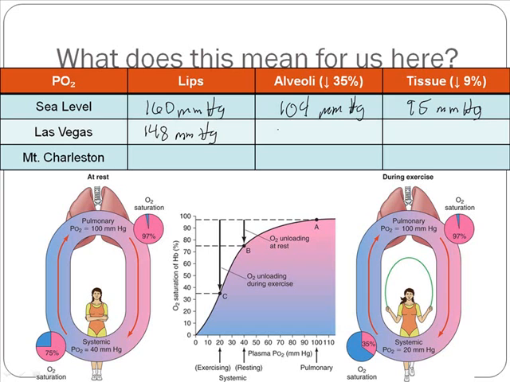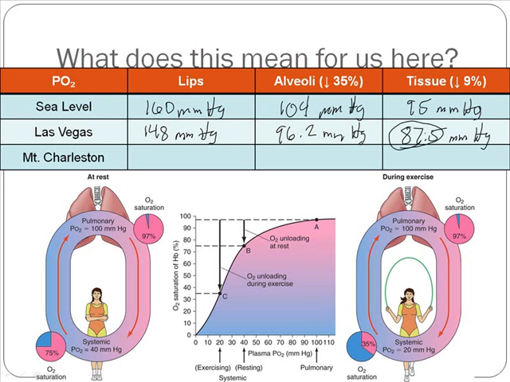Your 148 then drops down to about 96.2 millimeters of mercury, quite different than the 104 that you have at sea level. You drop another 9 or 10% to get down into the tissue level, which means now you're at 87.5 millimeters of mercury. We are still good and have plenty of oxygen to allow for aerobic cellular metabolism.